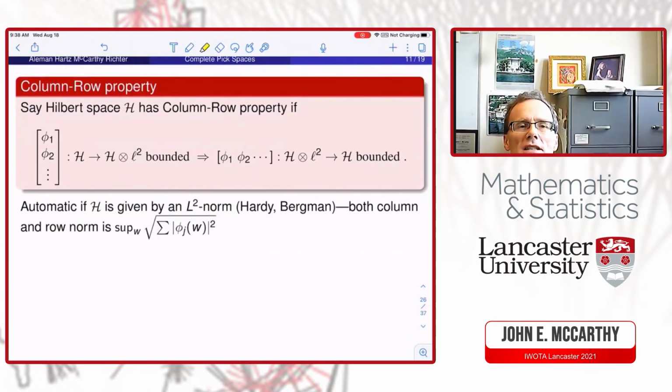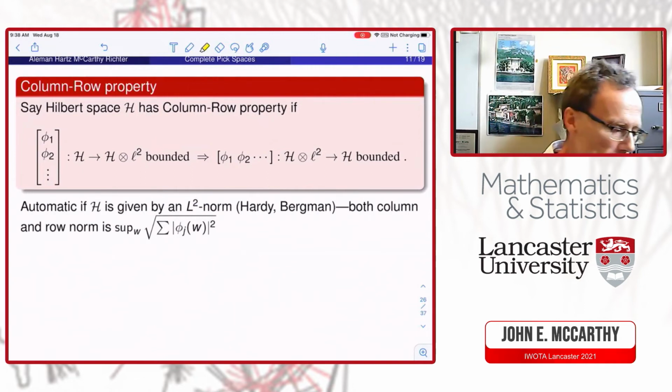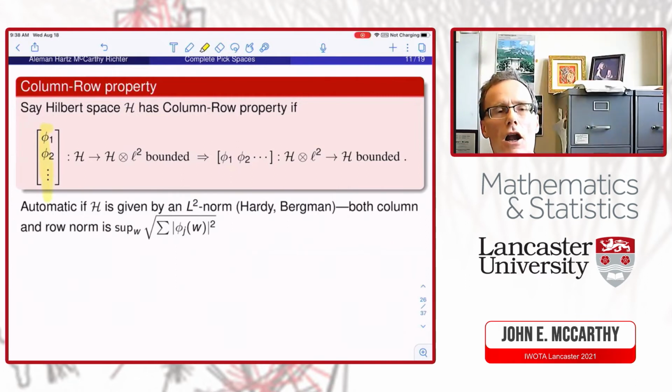So we'll say a Hilbert space has the column row property if whenever I have a column that's bounded, so a column of functions naturally maps H to H tensor little l2. So each phi here is a multiplier.